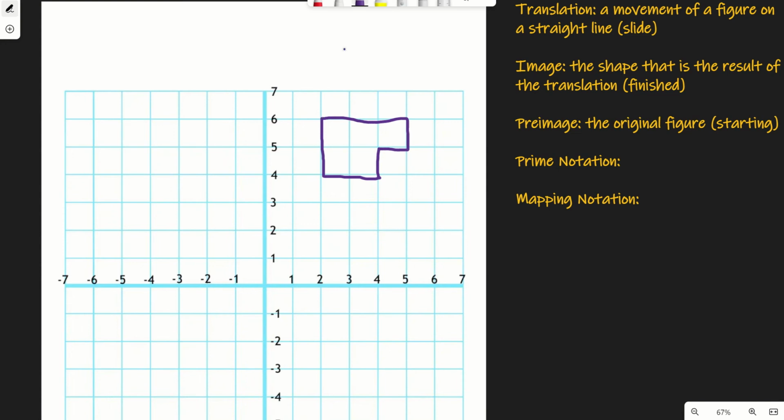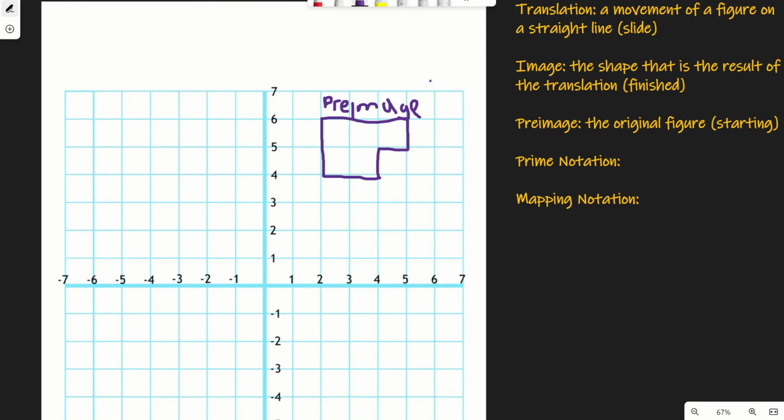Let's say this is the shape I have for my translation. And this is my pre-image. It was a lot of work to write that out. I've lost my pen, so I need to find that. But currently, this is my pre-image.